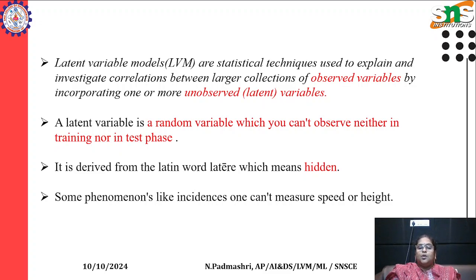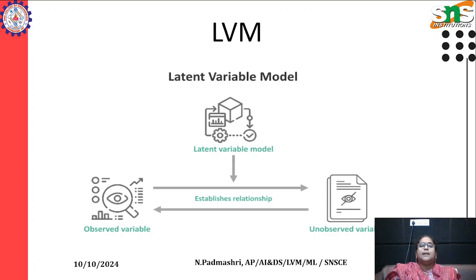Some phenomena include measuring speed or height. This is the latent variable model, where in the picture that you are seeing, during the training or test phase, a model is going to be trained. Something that we can see is observed. We can analyze the data after the output, measure the performance, and calculate the accuracy.